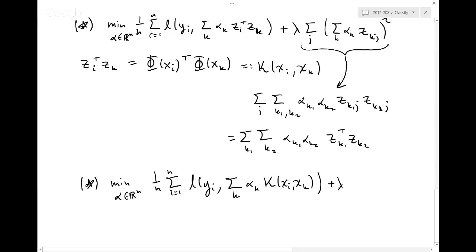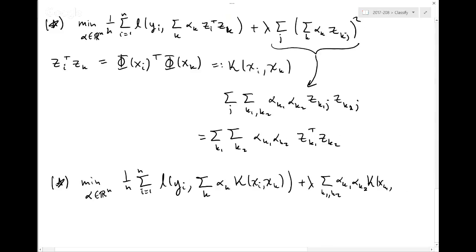Plus lambda times, now we just replace it with the sum over k1, k2 of alpha k1, alpha k2, times our kernel, x k1, x k2.